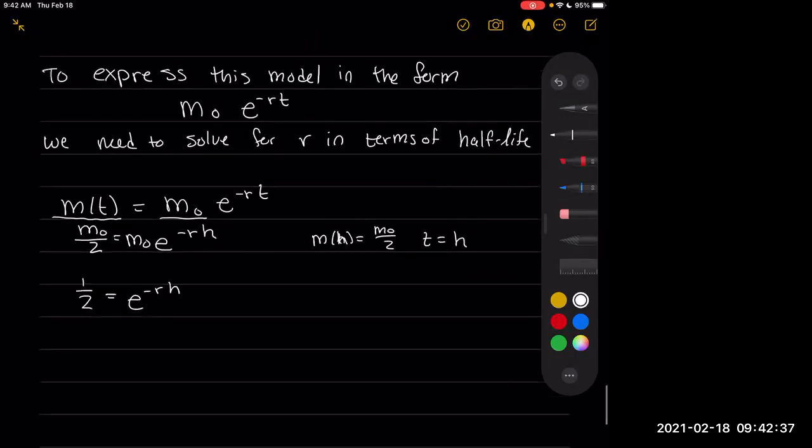And now we can take the natural log of both sides, and then divide both sides by negative h.